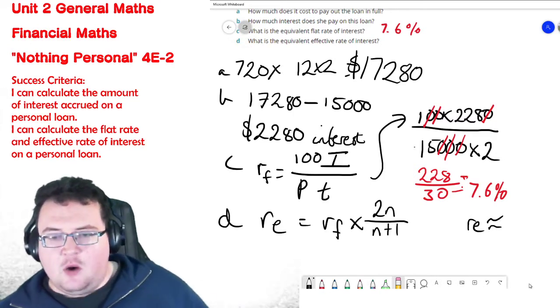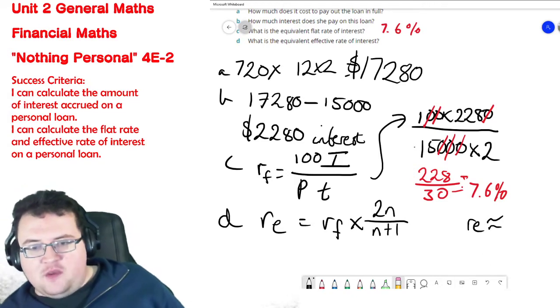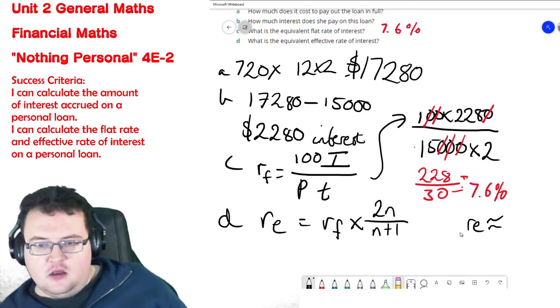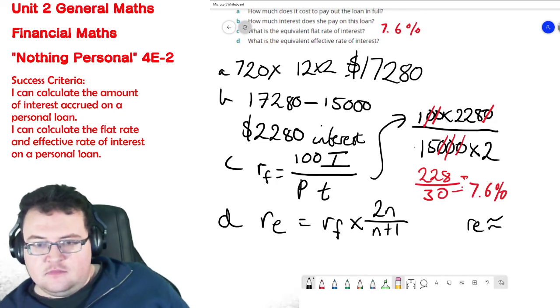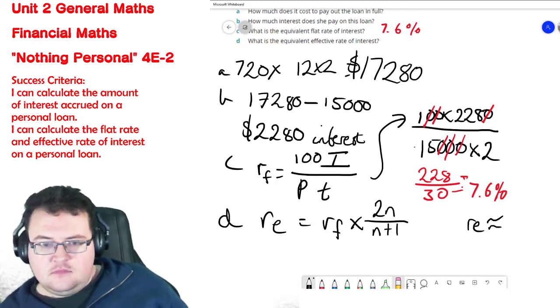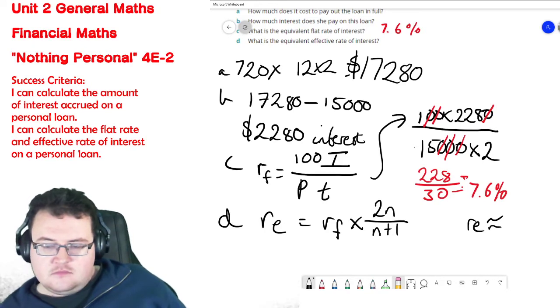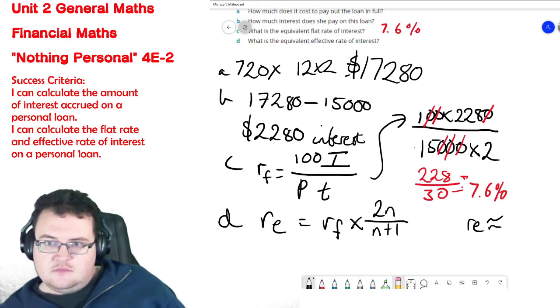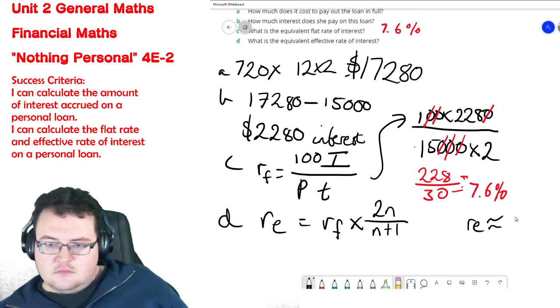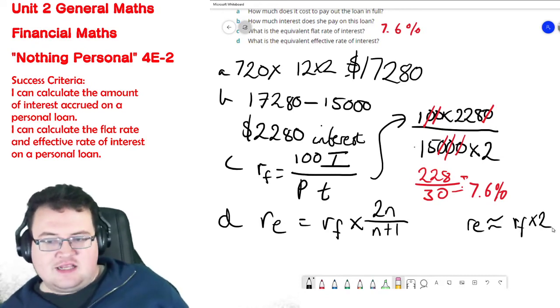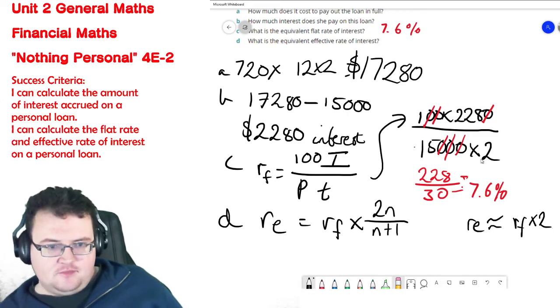Now, what's the formula for approximating RE? It's RF times 2. That's the approximation.